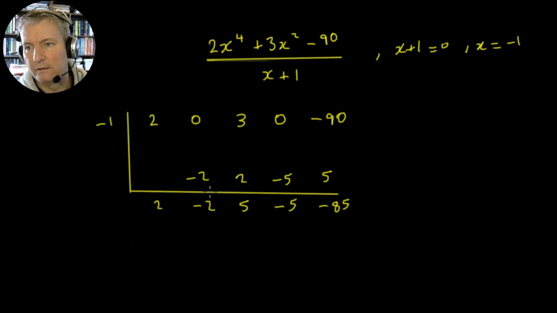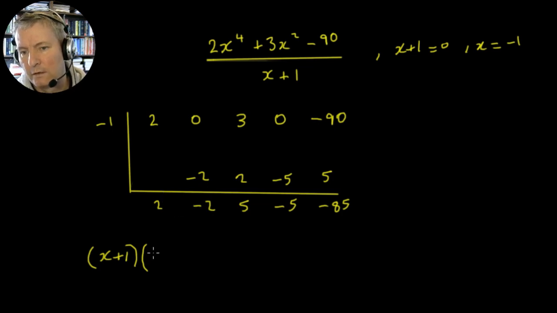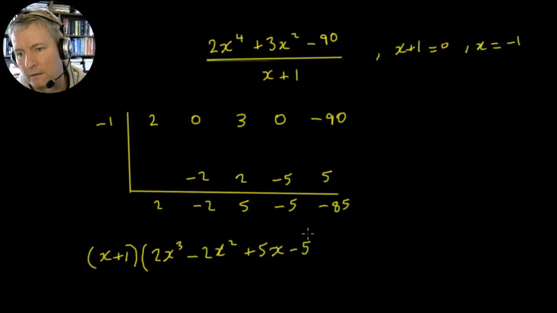So we can rewrite this as our quotient here is going to be x plus 1, and it's going to be times, well, what we've got left over here, we're going to have 2, and it's 1 less than that, 4, so it's 2x to the 3 minus 2x to the 2 plus 5x minus 5, and the remainder is going to be minus 85.